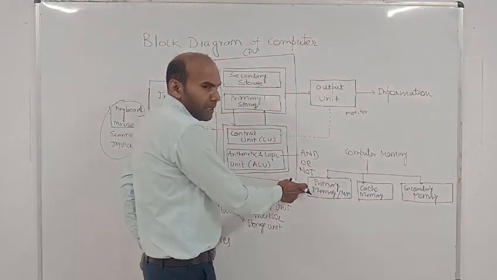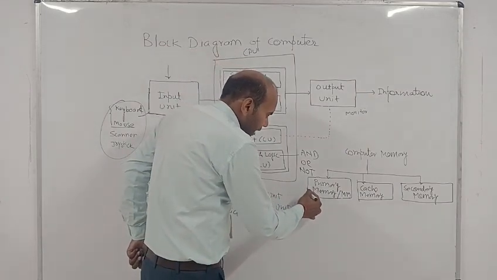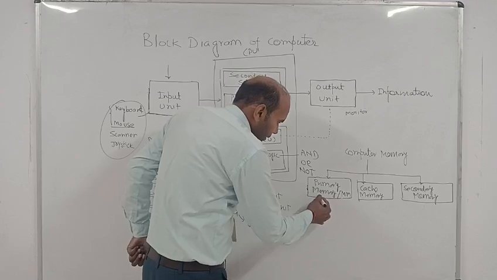Primary memory is the important memory of the computer system. It stores the data at runtime of the computer system.